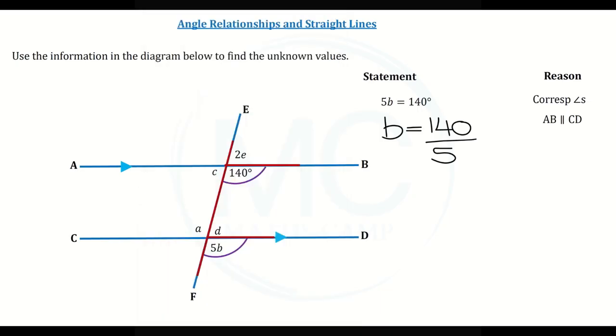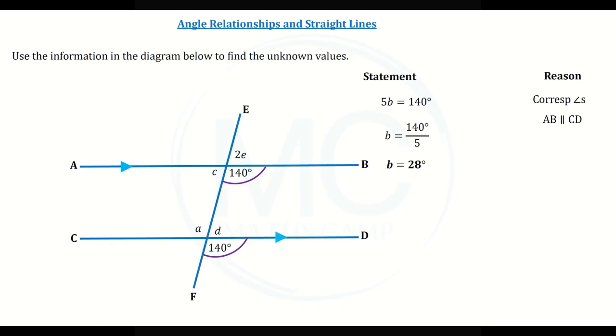This is the value of B. Now let's take out our red F. B is 28 degrees, but our angle is 5B. It is the corresponding angle of 140 degrees, so 5B must be 140 degrees as well. So let's take 5B out of the diagram and we can fill in 140 degrees.